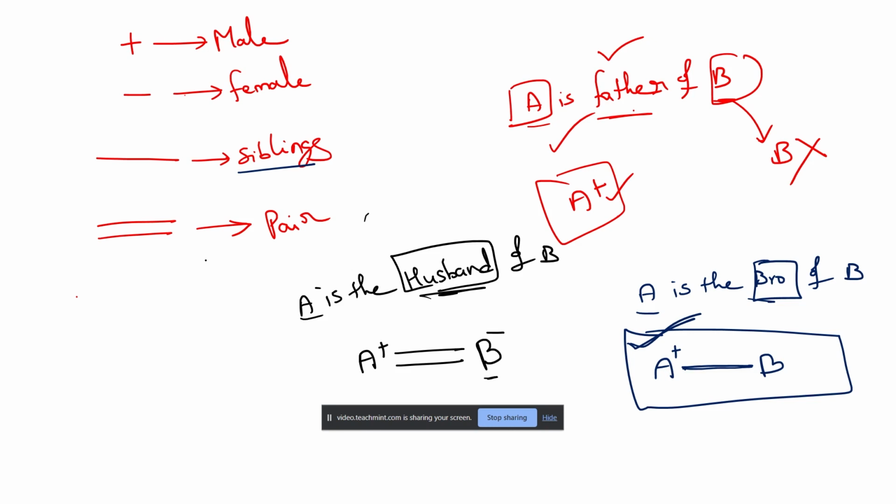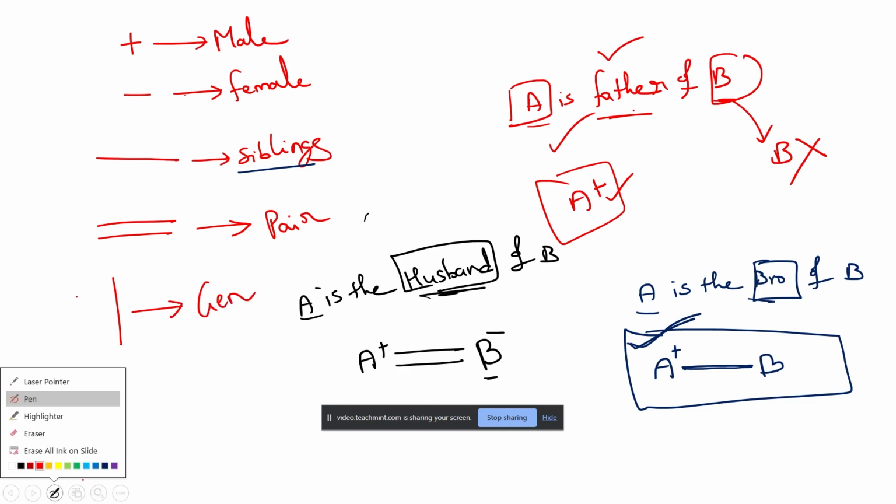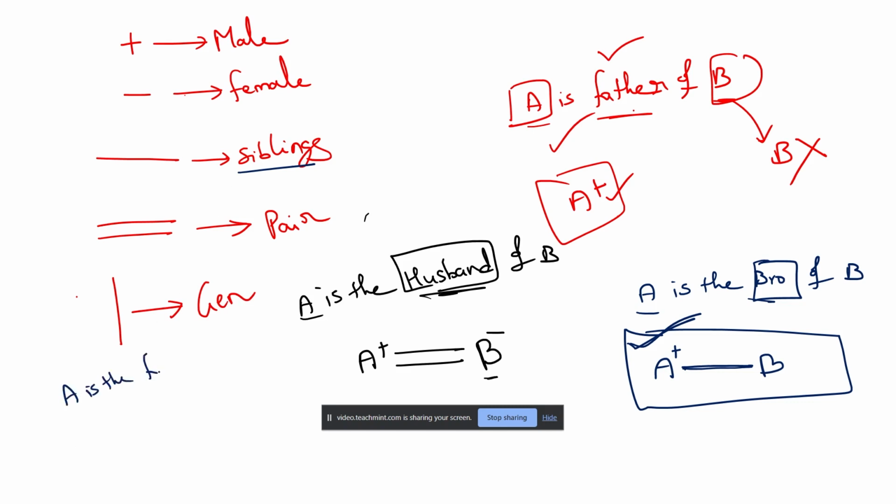And the last and final one is generation. If I use a single vertical line, that is going to indicate generation. I will explain what is meant by generation now. If I want to say A is the father of B. Now remember guys, you are always going to be at zero level.